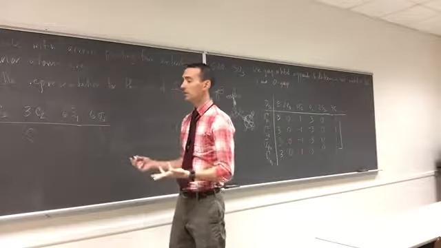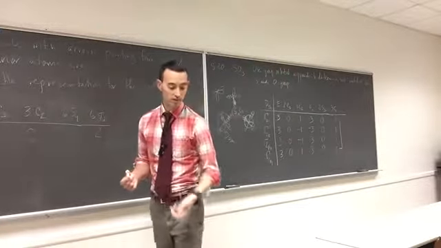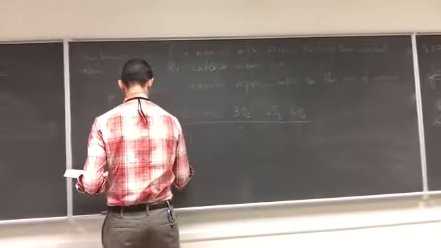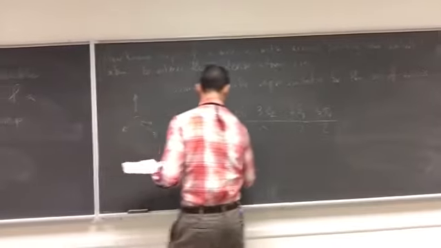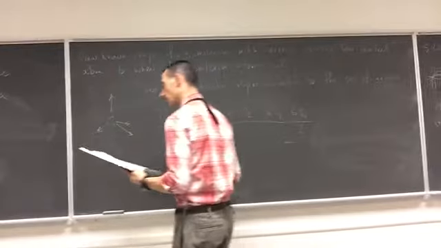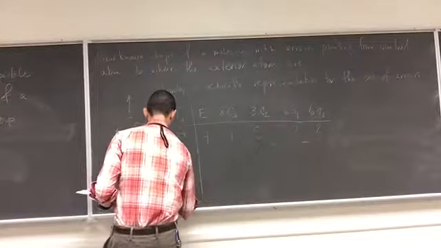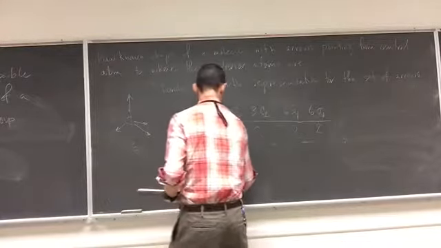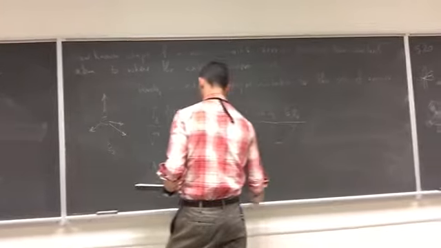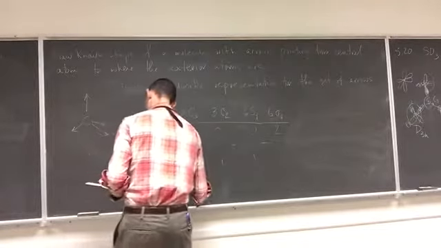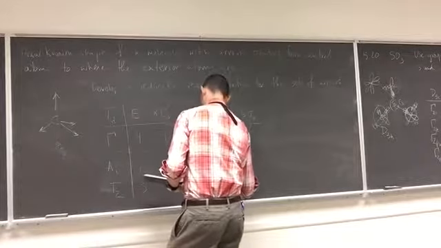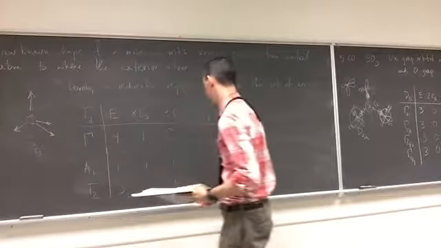So this would need to be reduced. I will just show you: this one reduces to the A1 and the T2. A1 is, of course, going to be 1, 1, 1, 1, 1. T2 is 3, 0, minus 1, minus 1, 1.